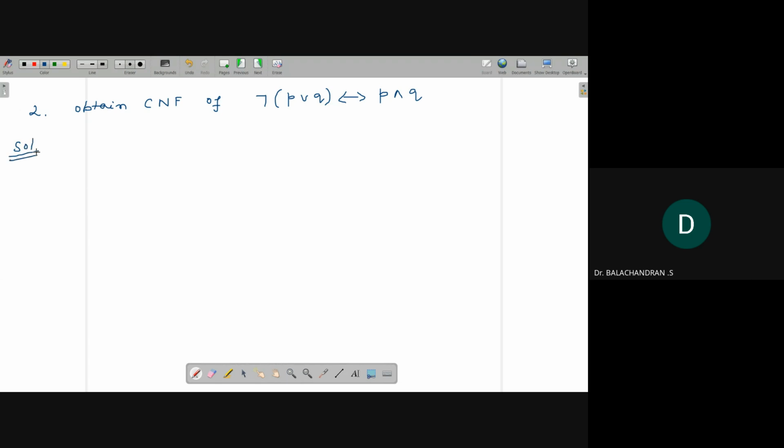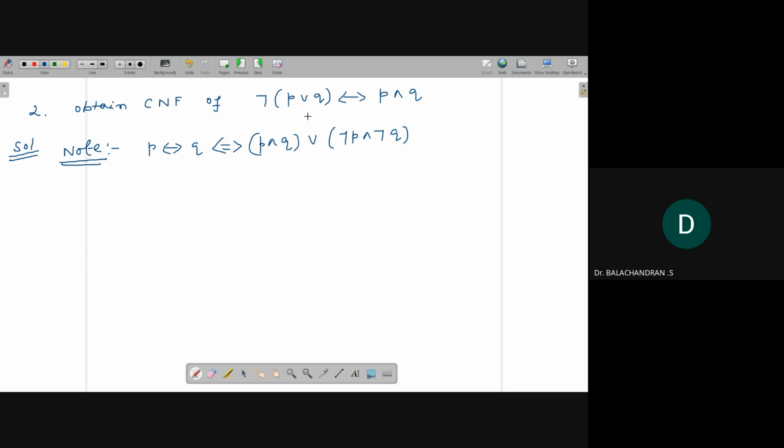Already I told that there are two equivalent conditions for P biconditional Q. So I am going to use the first one, that is P biconditional Q is equivalent to (P and Q) or (negation P and negation Q). So this is the formula I am going to use here.